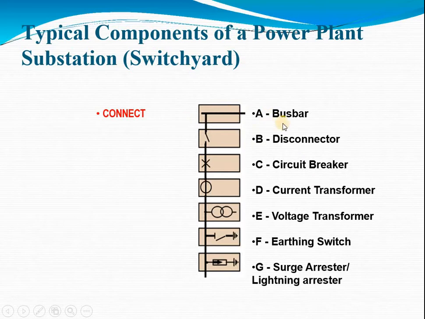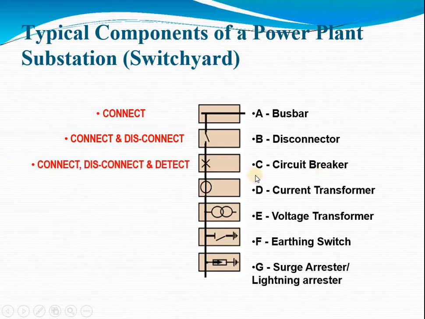The purpose of the bus bar is to connect. The purpose of the disconnector is to connect and disconnect. The purpose of the circuit breaker is to connect, disconnect and detect. If there is a fault, this fault can be detected with the help of the circuit breaker. The name indicates itself: it is used to break the circuit when an abnormal condition is going to happen.